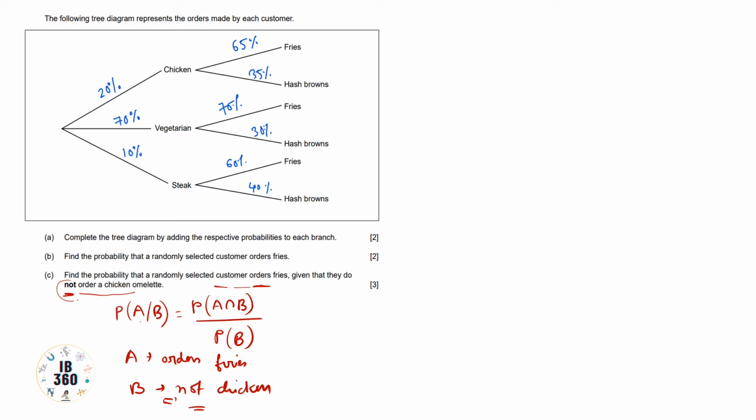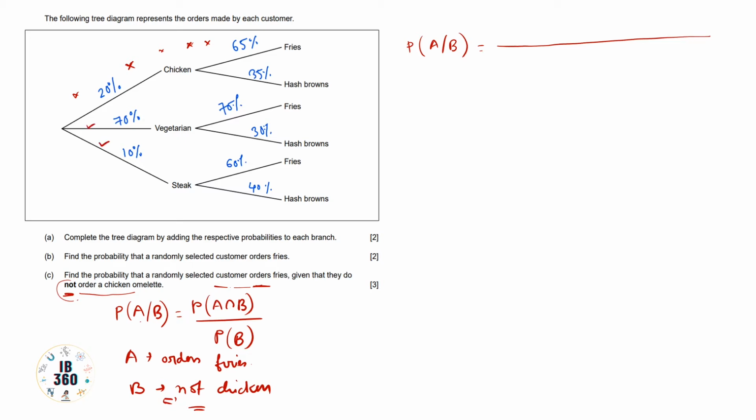Okay, so now if we find the probability, P of A given B is equal to P of A intersection B. Now try to understand this portion, P of A intersection B. It means we have to find those probabilities where the person orders fries but not from chicken. So this branch will be omitted, and we are left with these two branches only.